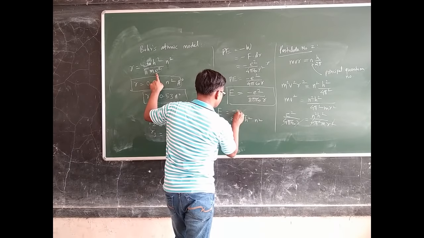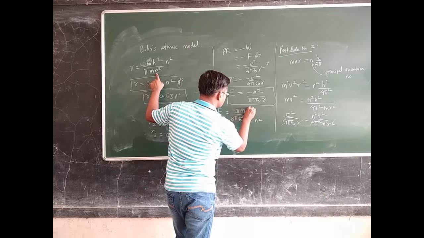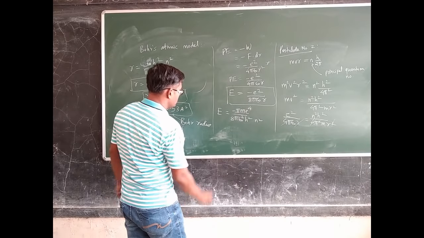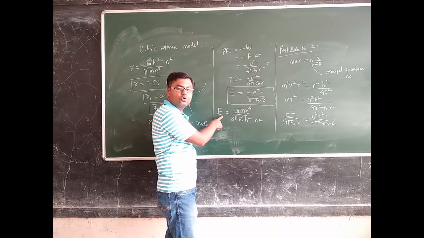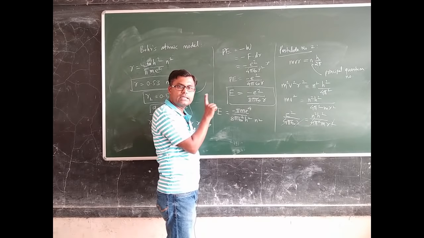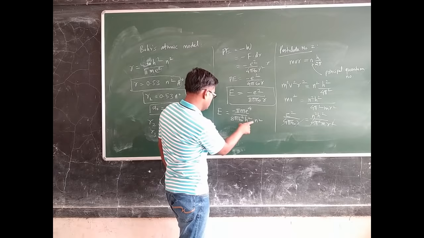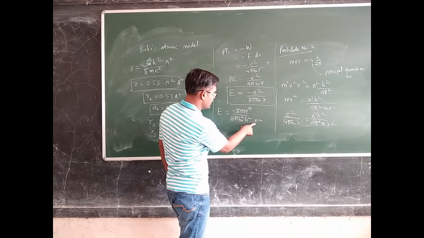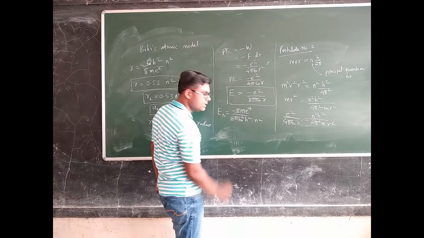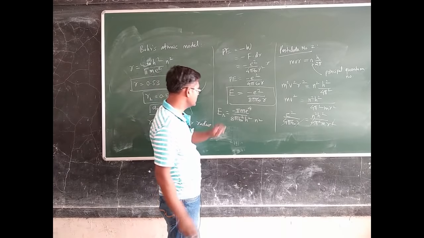So here it will be pi m e raised to power 4. So this is the expression for the total energy of an electron inside the hydrogen atom. Since it depends on the quantum number n, I will represent this energy as En. So En will be equal to this thing.